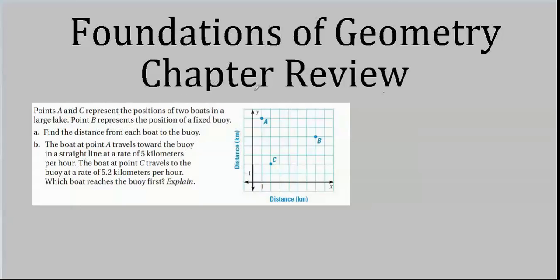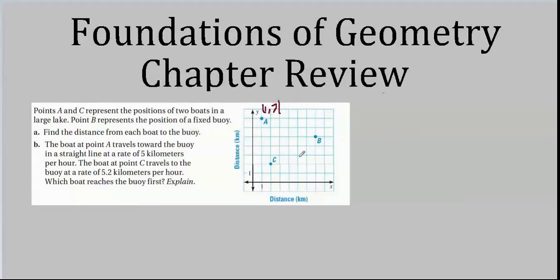So what we really need to do, obviously, just like it says here, find the distance to the buoy. So what is point A here? Well, it looks like it's a 1 already. I would call that 1, 7.